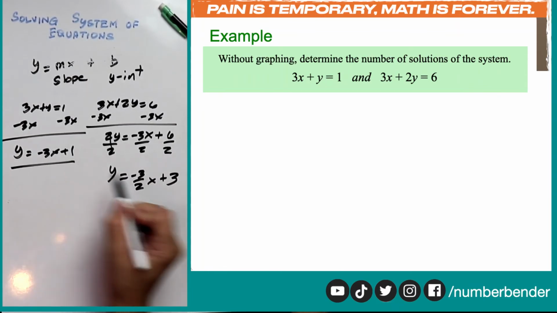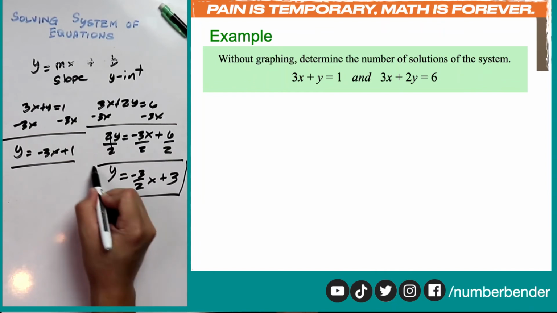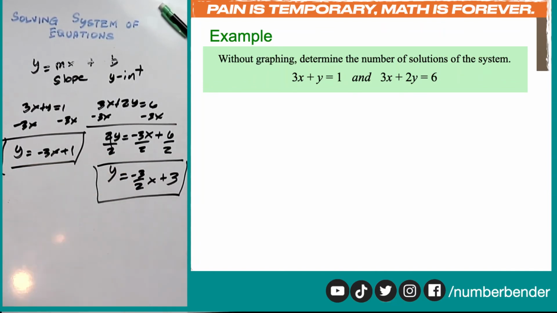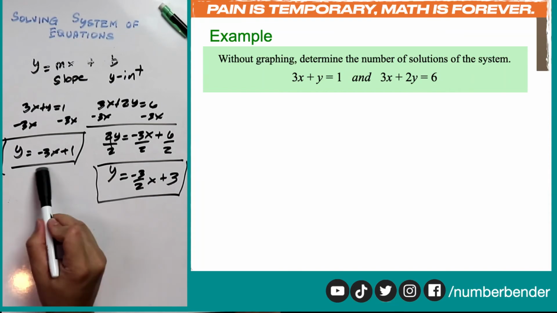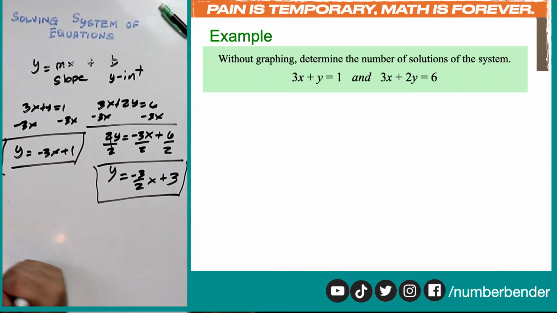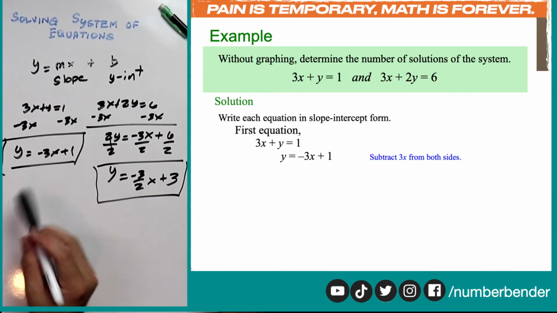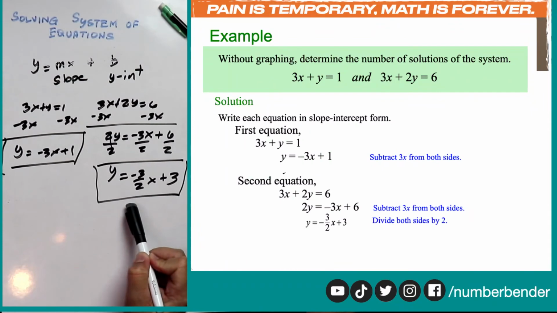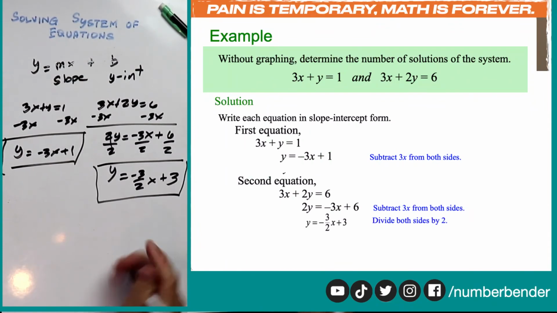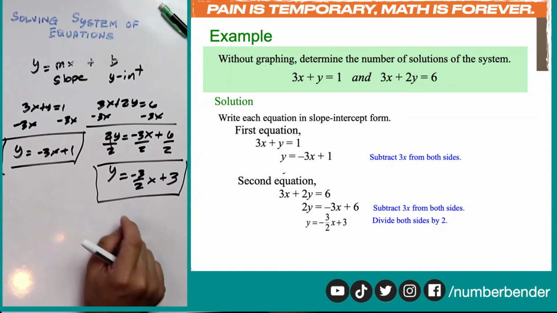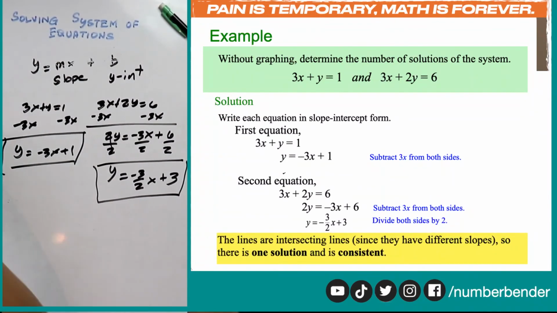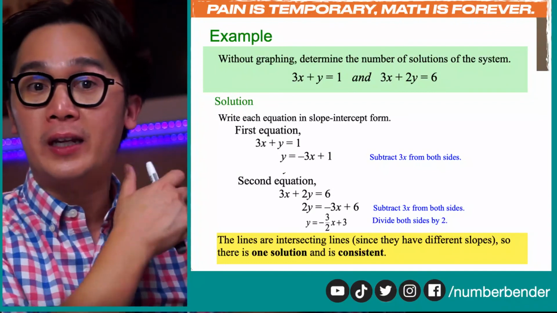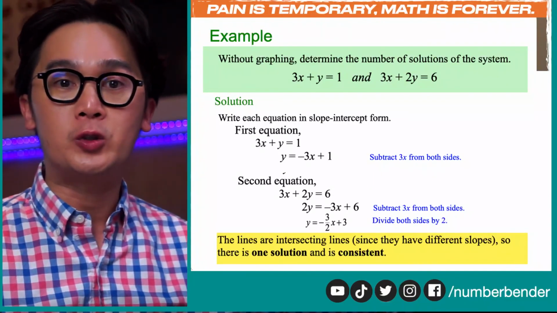So this is our line 1 and this is our line 2. And without graphing it, we know that the slope will determine how we're going to describe the solution of our system. If line 1 is y equals negative 3x plus 1 and line 2 is y equals negative 3 over 2 x plus 3, we can say that we have one solution because they're intersecting, and that's the only way that we can describe the solution.